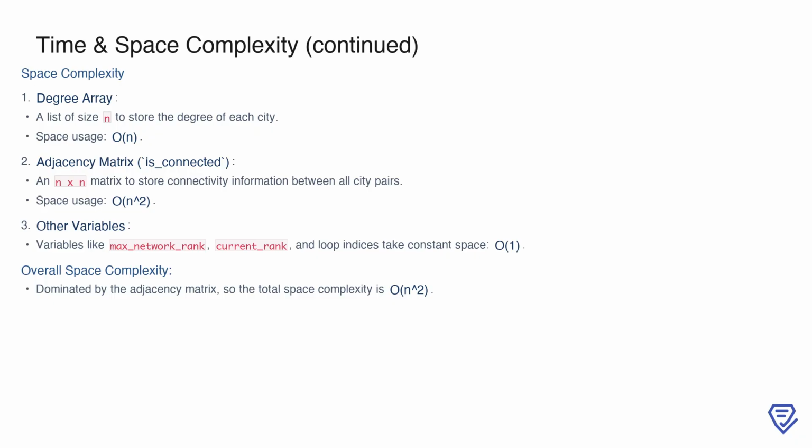Additionally, we use a small number of auxiliary variables, like max_network_rank and loop indices, which take constant space, or O(1). When we sum these contributions, the overall space complexity is dominated by the adjacency matrix, resulting in O(n²). While the degree array and other variables contribute to the total usage, their impact is negligible compared to the quadratic growth of the adjacency matrix.